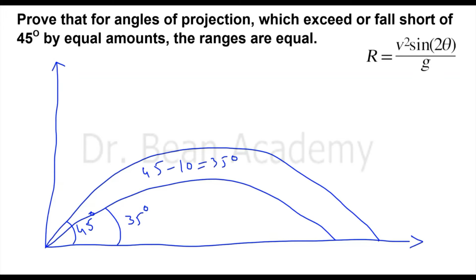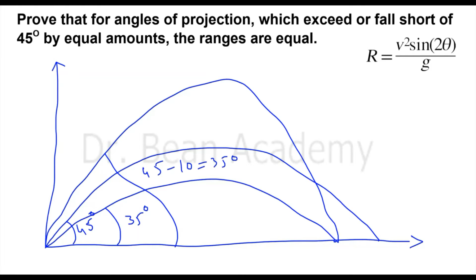So the question says that the range I have got for the angle 35, I should get the same range for another angle. And this angle is 55 degrees.